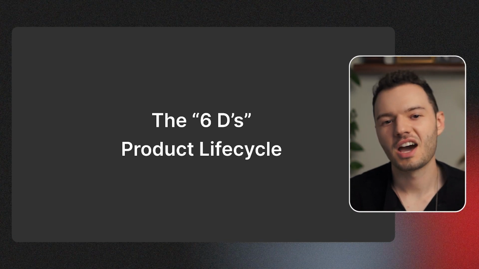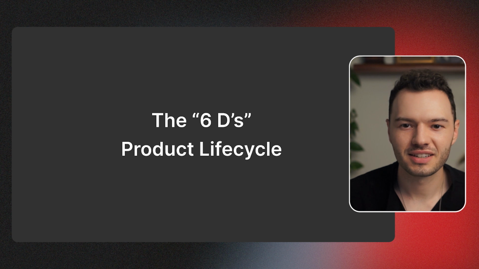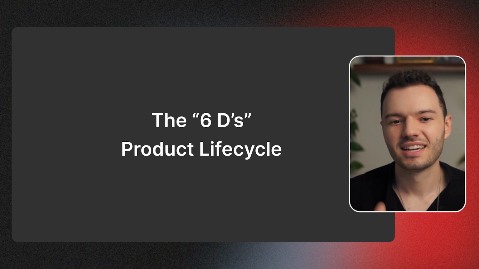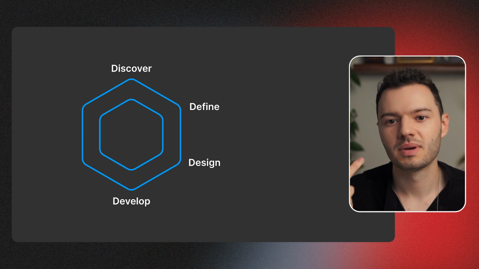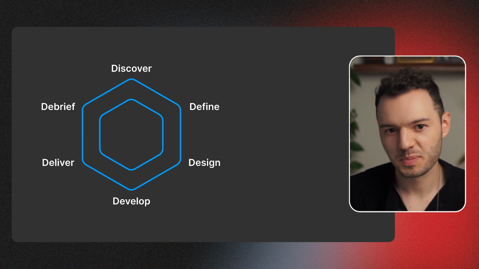In reality, and especially if a PM is overseeing multiple products, the phases of the product lifecycle will often overlap or occur out of order. Every company is going to be a little bit different in how they do things. Now, I like to call the product lifecycle the 6 Ds: discover, define, design, develop, deliver, and debrief.